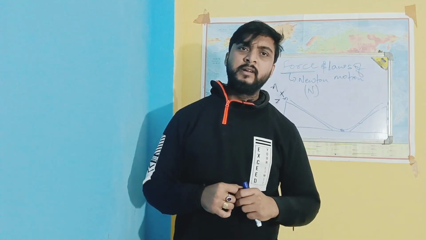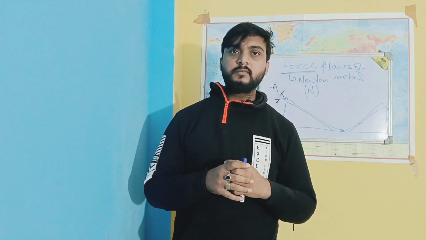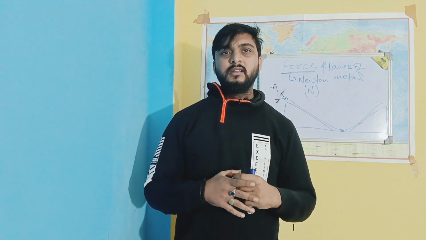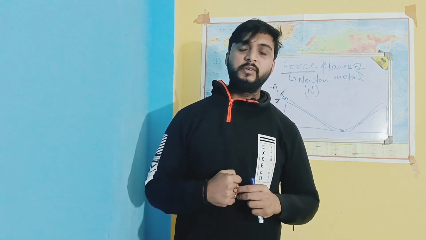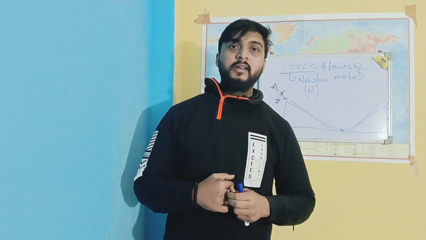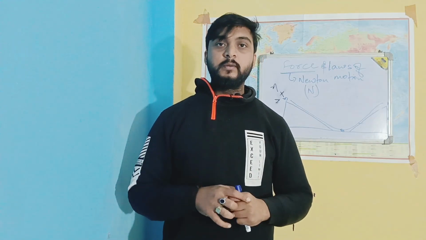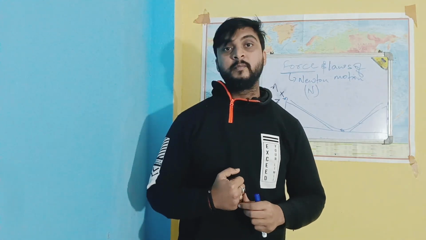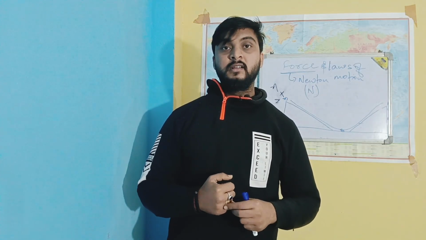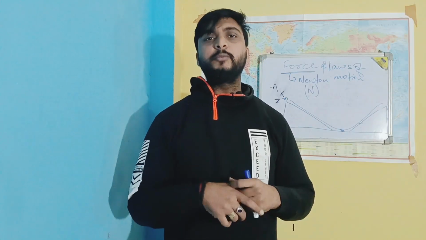Why does that happen? It means that inertia and mass can be compared. If a heavy object is put, then we will have to apply greater force upon it. If a lighter object is put, we'll have to apply lesser force upon it.